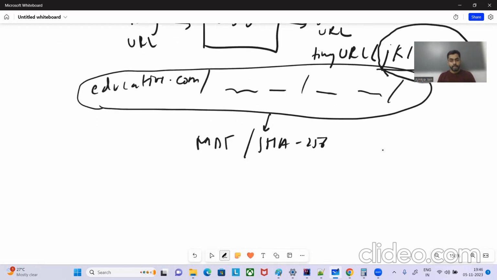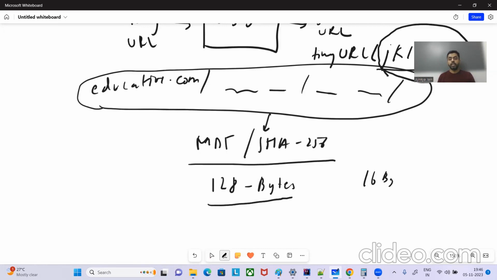But even if we use such algorithms to hash this URL, it is still going to generate 128 bytes, which will be a very long key. We want at the max 16 bytes of key.